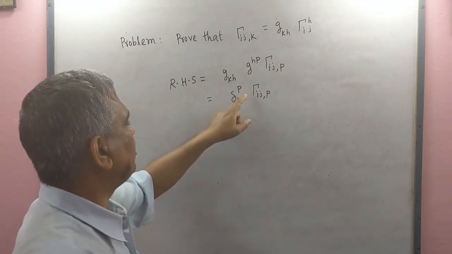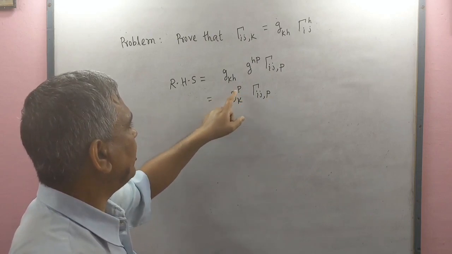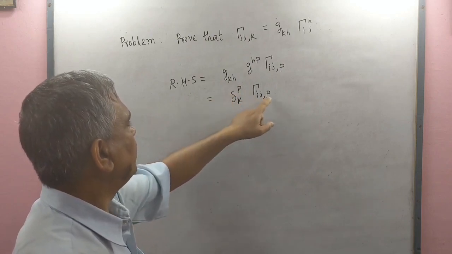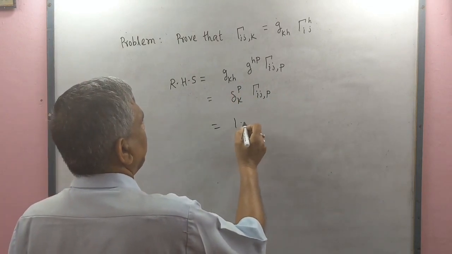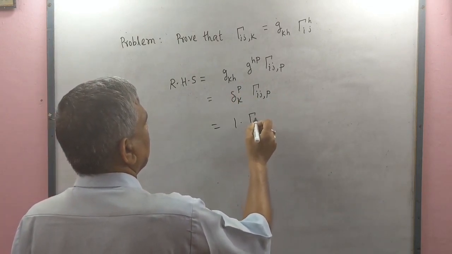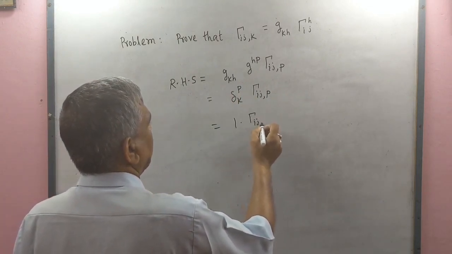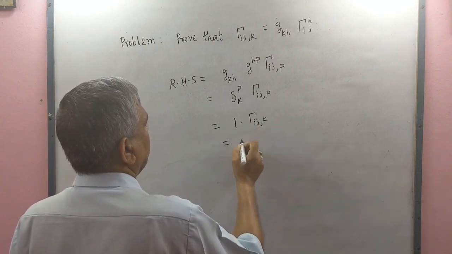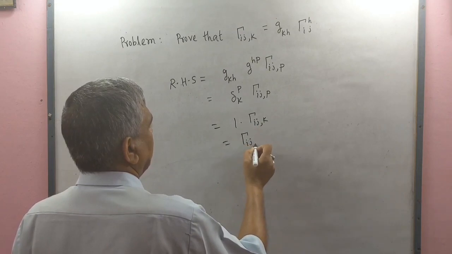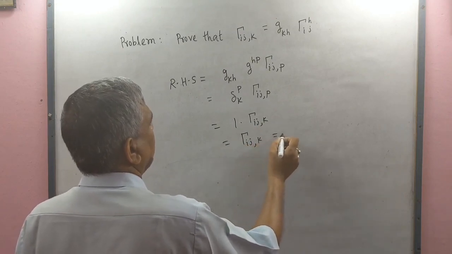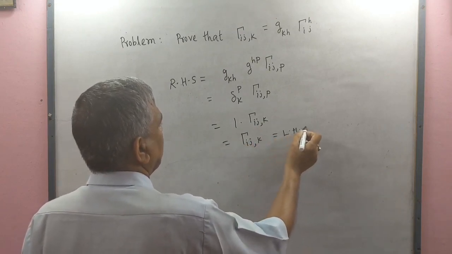When p equal to k, then this will be 1 and this will be k. So this will be 1 into [ij,k]. This equal to [ij,k] equal to left hand side, proved.